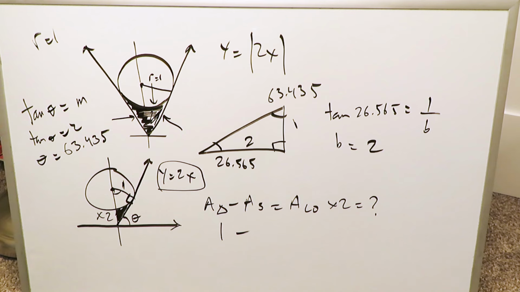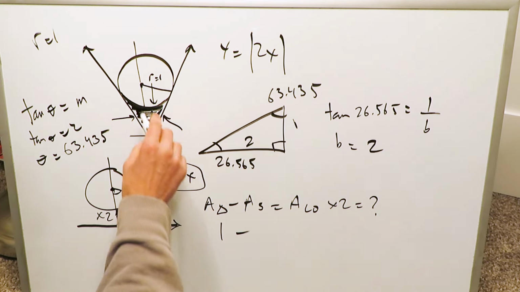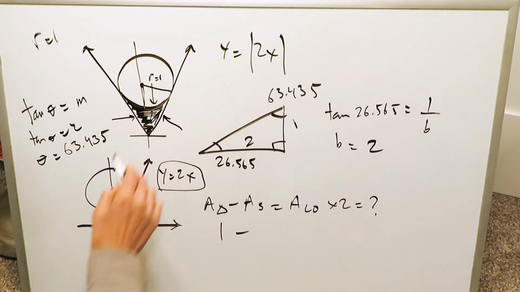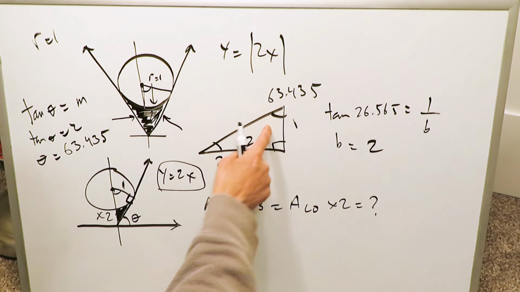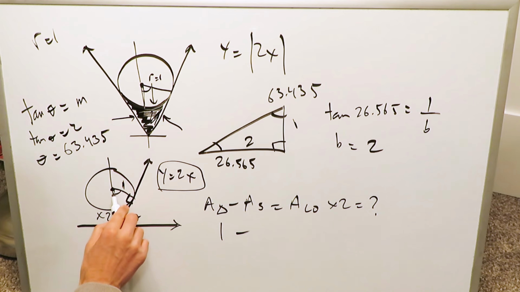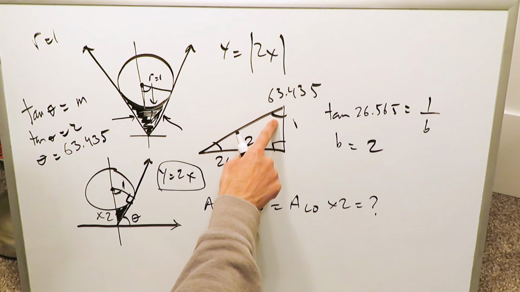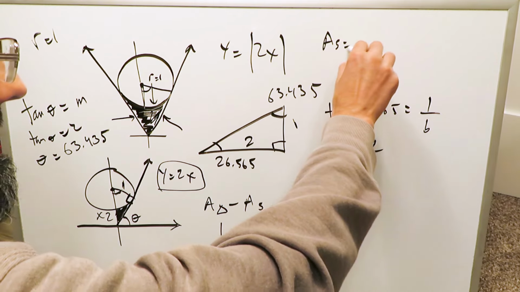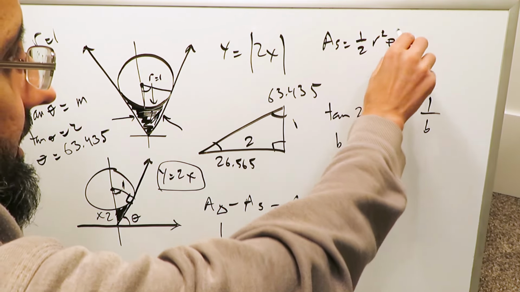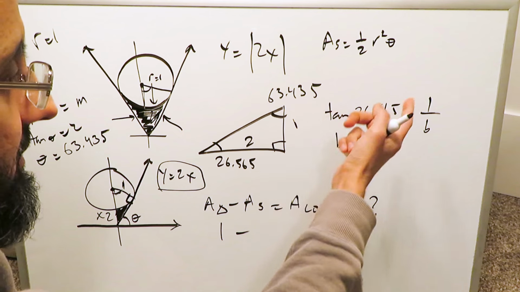Minus now the area of the sector. Let's look at the area of the sector, which is this right here. There's a specific angle over here, and that angle is equal to this angle because it's coming out from this triangle right here. This triangle's angle, and this triangle rotated here, is representing that sector angle theta, 63.435. Area of the sector is equal to a half r squared theta. You know r here is equal to 1, so it's meaningless.